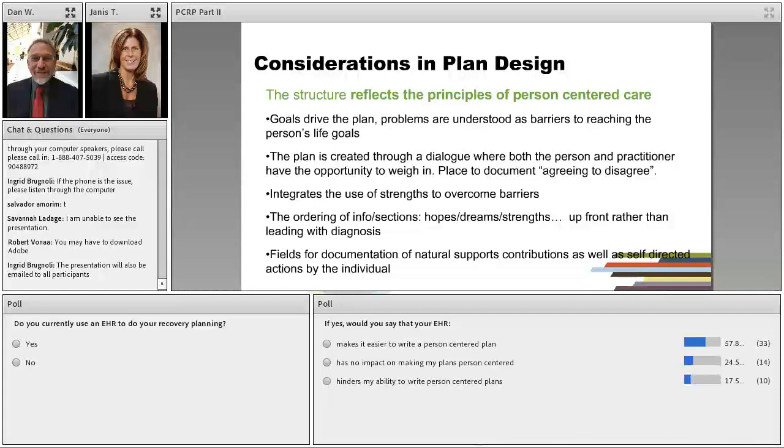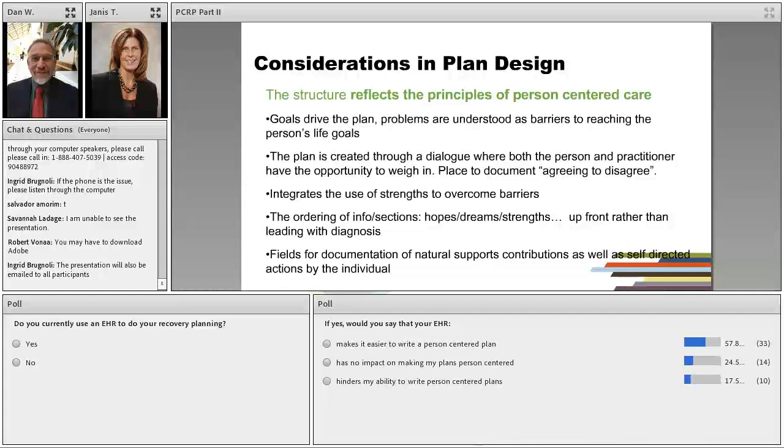The plan had to include a diagnosis, but it didn't have to be the first thing that somebody saw or the first thing you're talking about. So in a goal-driven, person-centered plan, things like hopes and dreams, strengths, what your goals are, leading with that helps to convey to the person that you're emphasizing it and you feel that it's very important, okay?